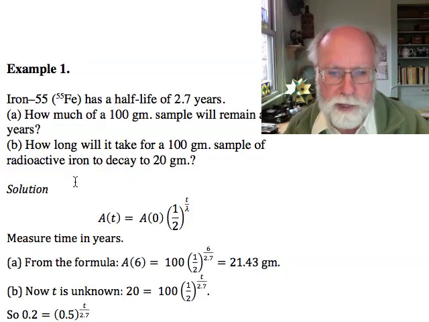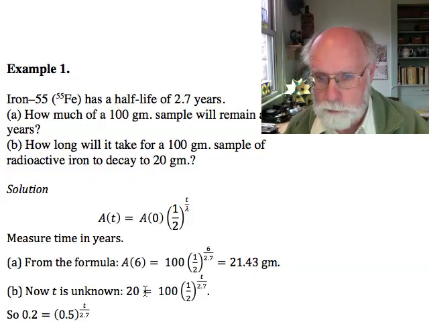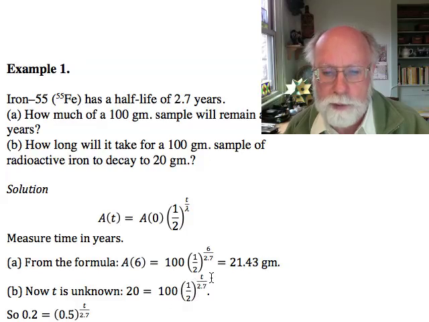Part B asks, how long will it take for the 100 grams to decay into 20 grams? So now we're asking for the quantity t, and we know that when we reach t, we will have 20 grams left. So 20 is 100 times 1/2 to the power t over 2.7, and what we want is t.